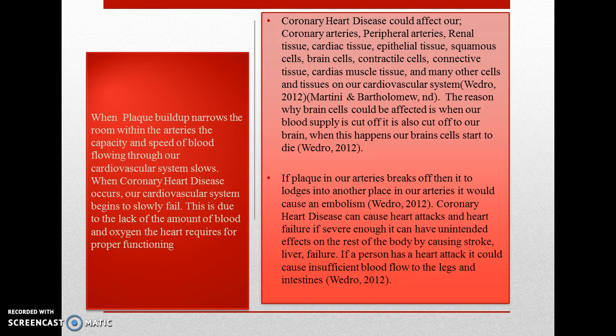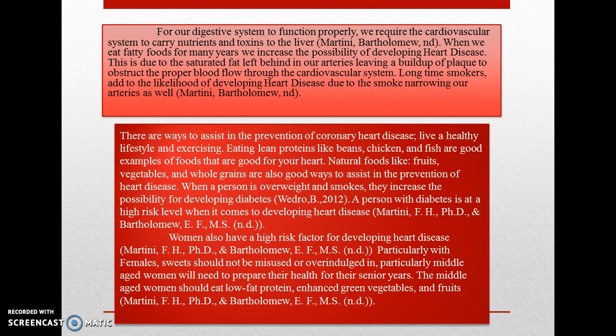Coronary heart disease can cause heart attacks and heart failure, and if severe enough, it can have unintended effects on the rest of our body, causing stroke. Liver failure is another example. If a person has a heart attack, it could cause insufficient blood flow to the legs and intestines. This is when slowly our body deteriorates and one thing after another begins to happen.